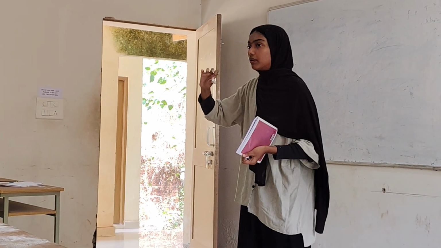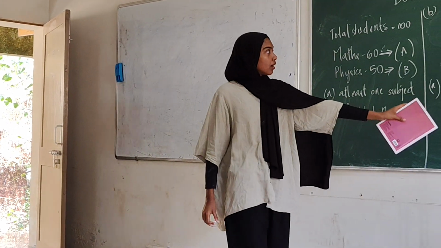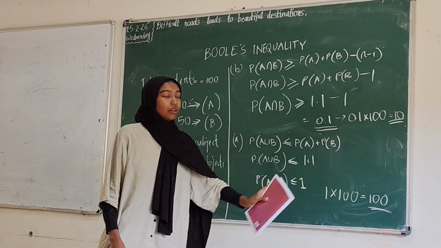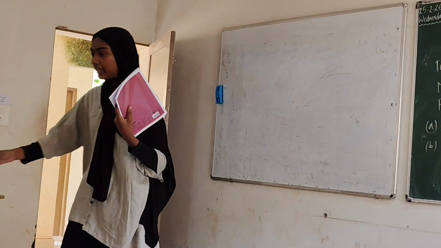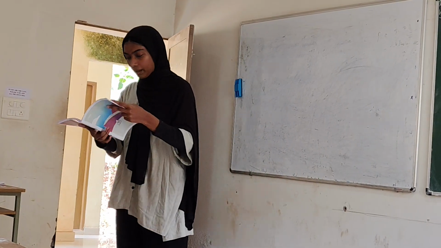Overlapping or double counting might happen here. So it can be solved using Boole's inequality as we are finding the intersection, that is the both case. We do not have any idea of where the overlapping is occurring, so we have to use Boole's inequality.